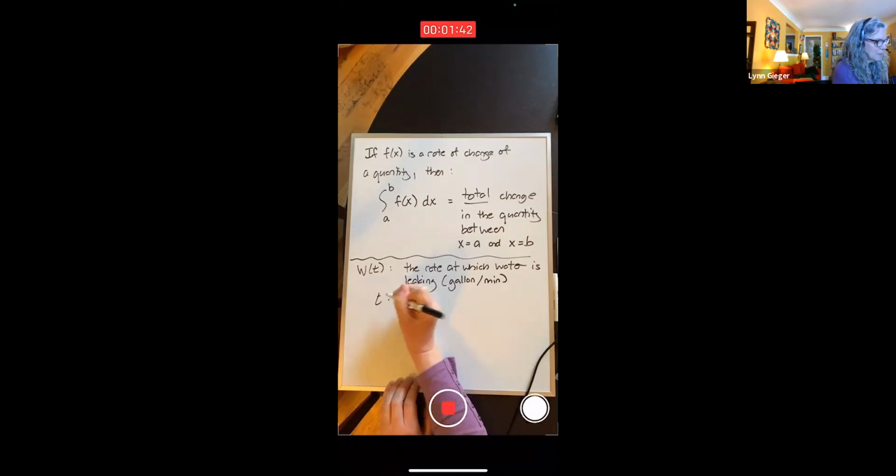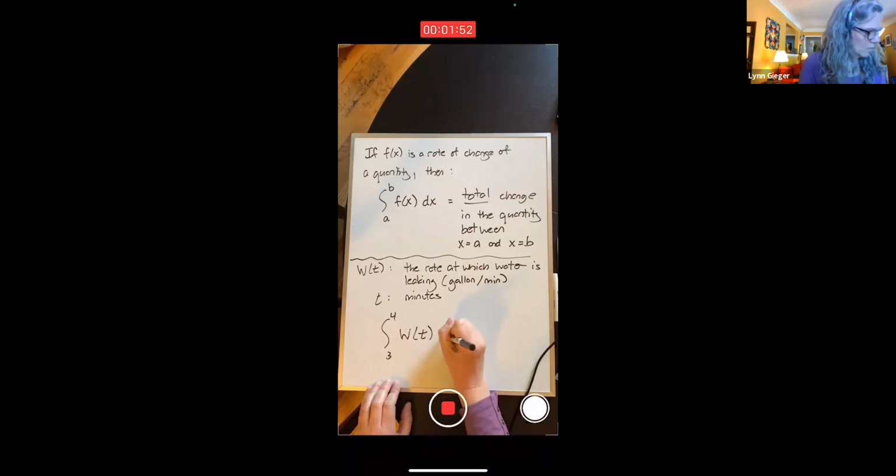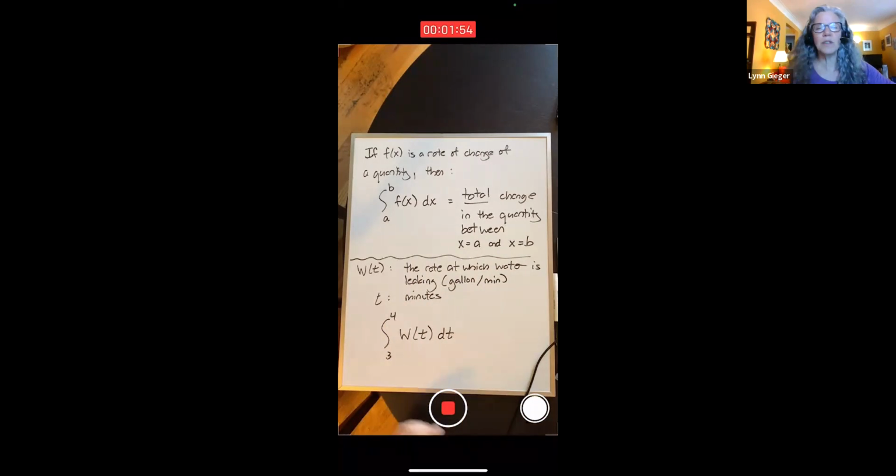And t is being measured, therefore, in minutes. Now, using the format that we have up here, this should be the total change in the quantity. This is really the big issue: what are the units that we're working with?